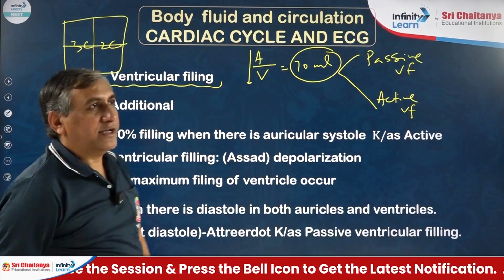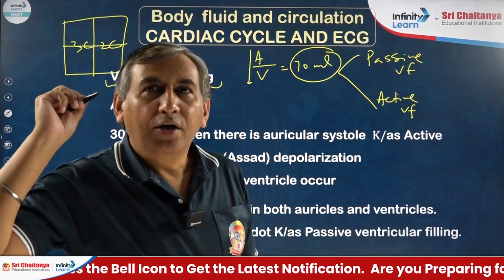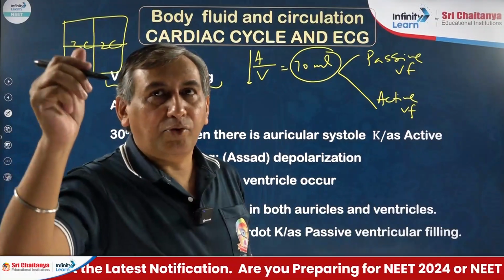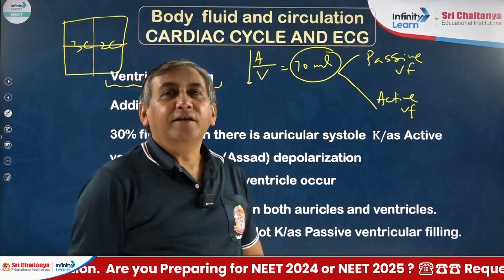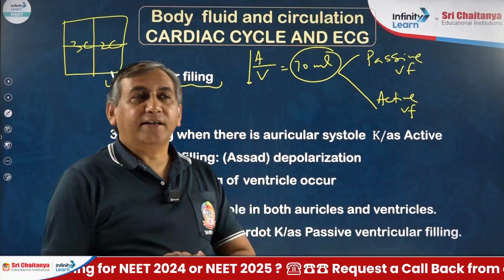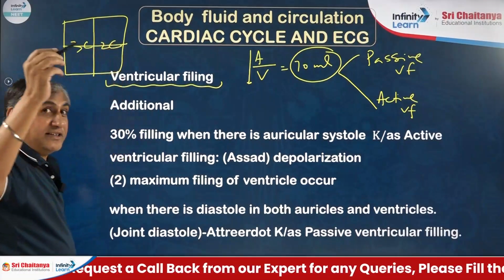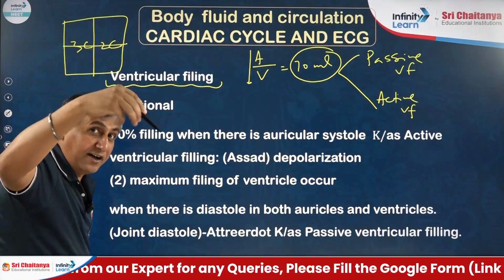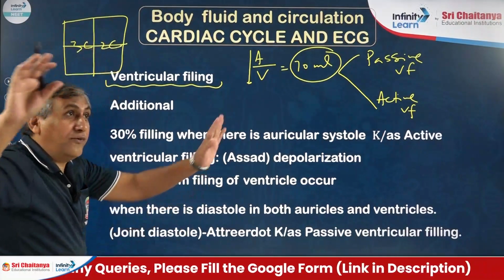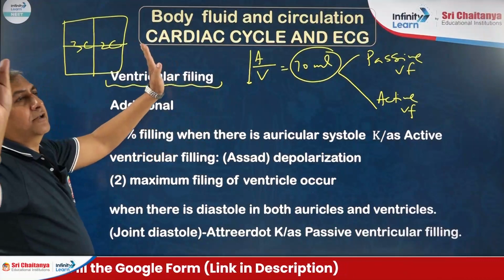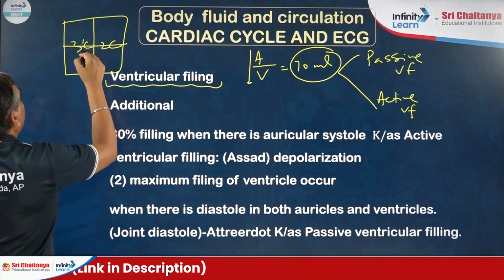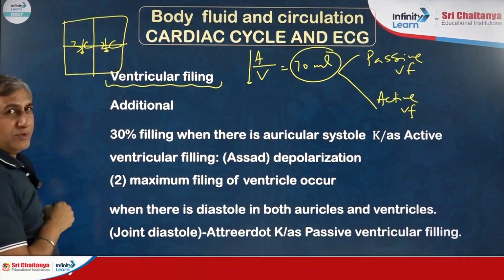If you are not recognizing them, see the last video of Sri Chaitanya's zoology that I uploaded, where in the structure of the heart I explained the tricuspid and bicuspid valve. So when there is the phase of complete cardiac diastole, all 4 chambers of the heart are relaxed, and suddenly there is opening of the tricuspid and bicuspid valves.